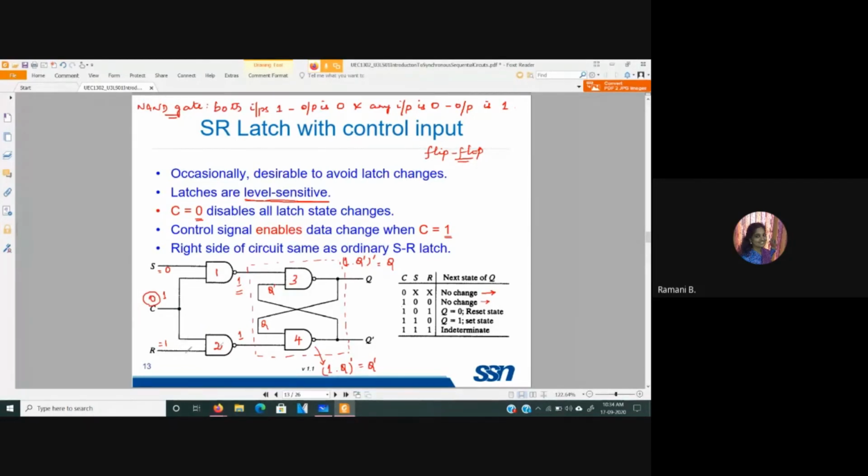However, here you will be having 1, 1, so this becomes a 0. As this is a 0, Q bar will become 1, right? Now this one and this one will give me a 0. So this will become the reset condition.